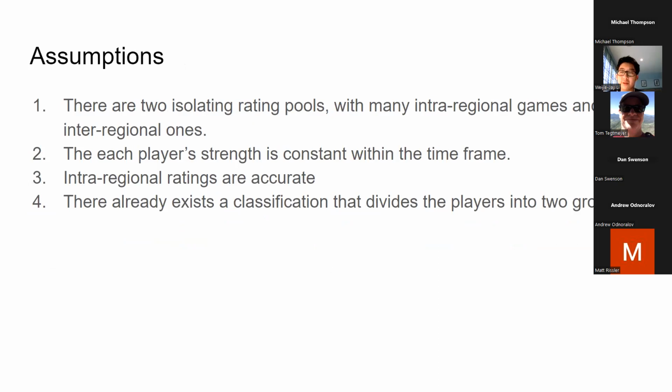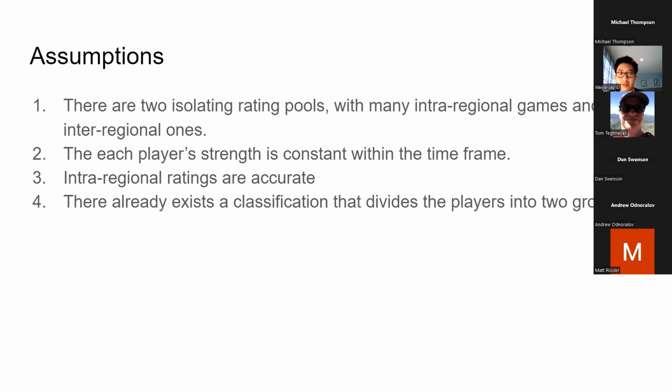So I made a few assumptions in my project to simplify the process a little bit. First, there are two isolated rating pools. So here we will not account for the cases where the players are divided into many different regions and all interacting with each other. I also assume the player's strength to be constant within the time frame.